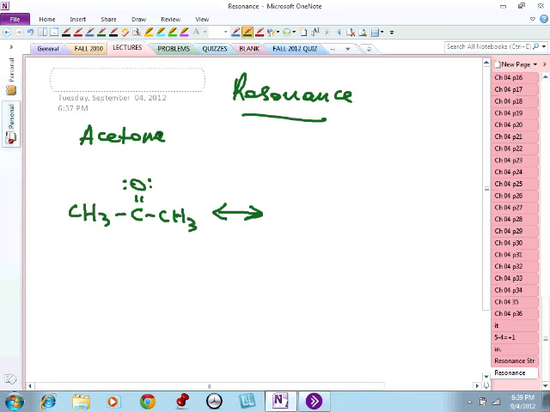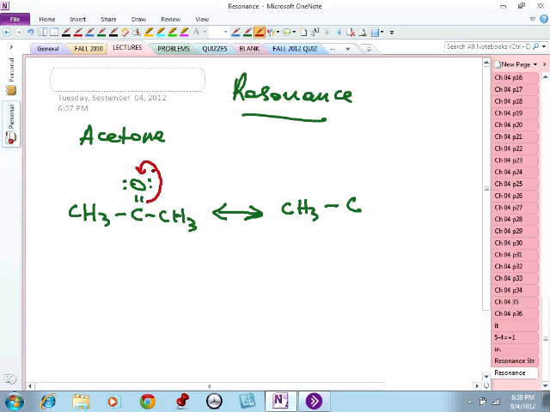Okay, so what would this be? The resonance structure would be what? You simply move this pi electron, right? You don't have to draw the arrow, but I will just draw the arrow.